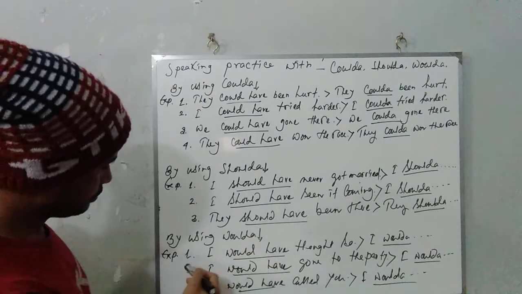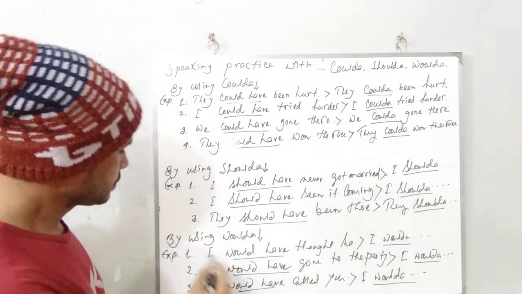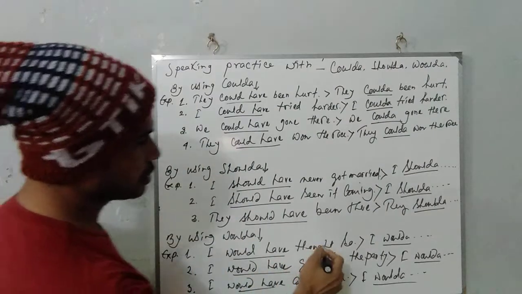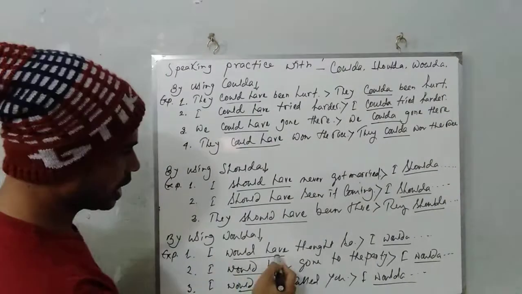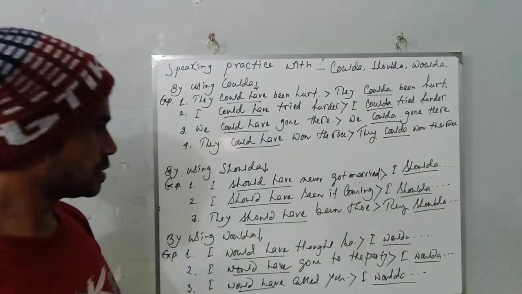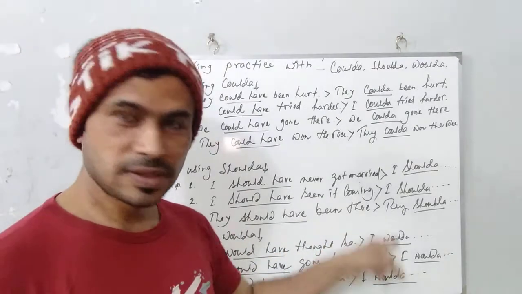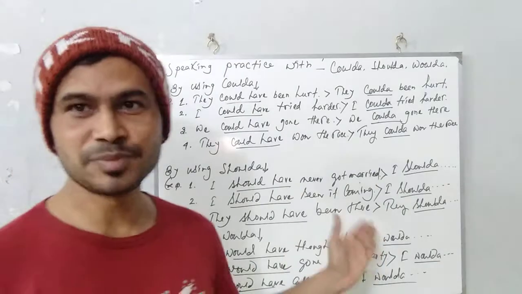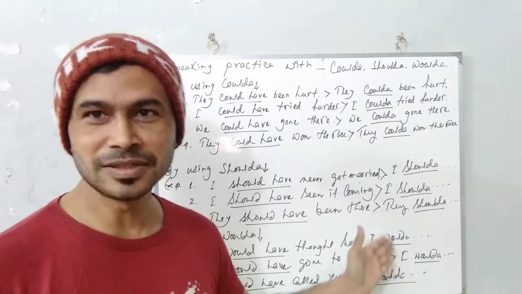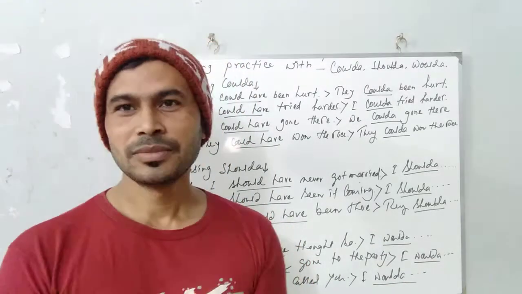By using woulda, number one sentence for a better understanding: I would have thought so. I repeat, I would have thought so. I can say, I woulda thought so. This is a very smart, standard sentence, naturally used in our daily conversation.